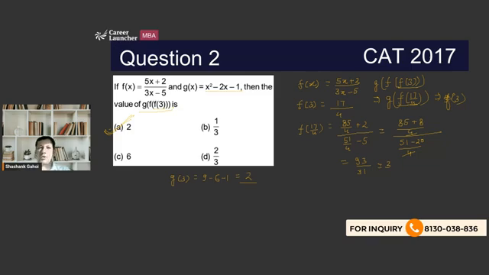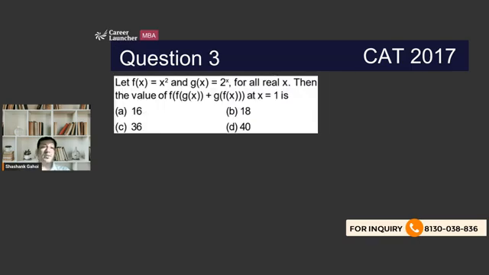Now let's move on to the next question. What does it say? Again, this looks like a very tricky and odd type of question, like will I be able to do it or not? So let's see what the approach is.